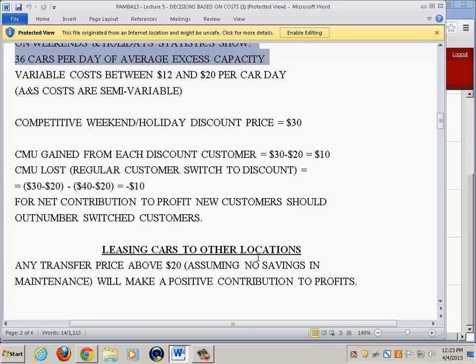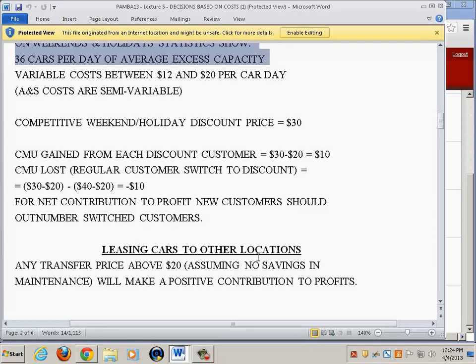But the peak demand is usually during day hours where industry and companies are working and so on. That's where there's peak demand. There's much less demand during evening hours. So there'll be a lot of unused capacity.